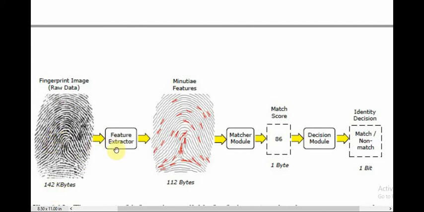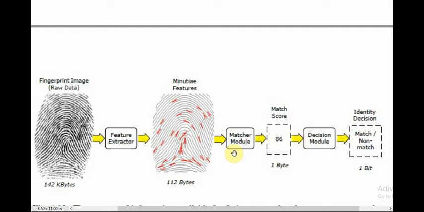Then we give it to the feature extractor module, and the minutia feature will be extracted. The size of this feature is reduced to 112 bytes, and then we give these minutia features to the matching module, and the matching module gives us a match score, a number which can be stored in 1 byte.